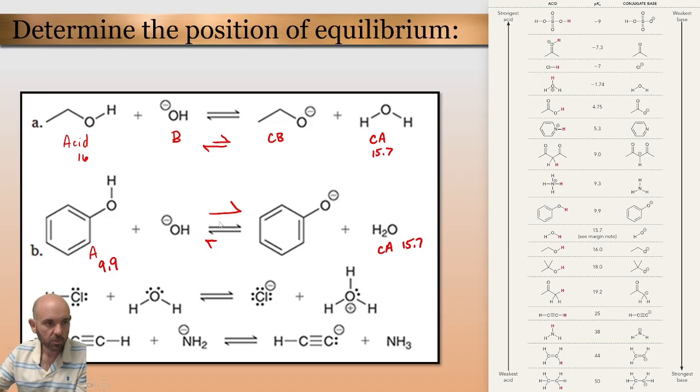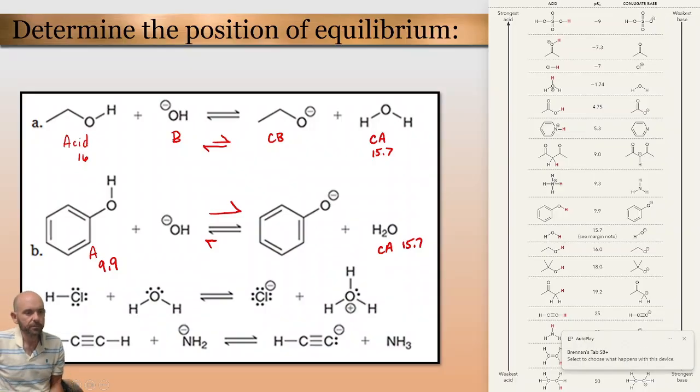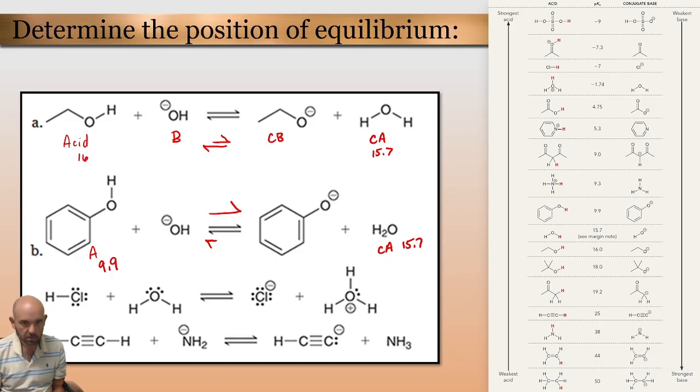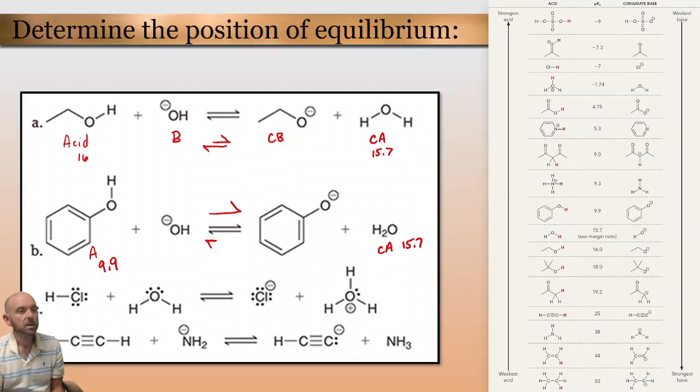In the next example, we have HCl, which gives up its proton. So the HCl is our acid in this case, and it gives it up to a water molecule.